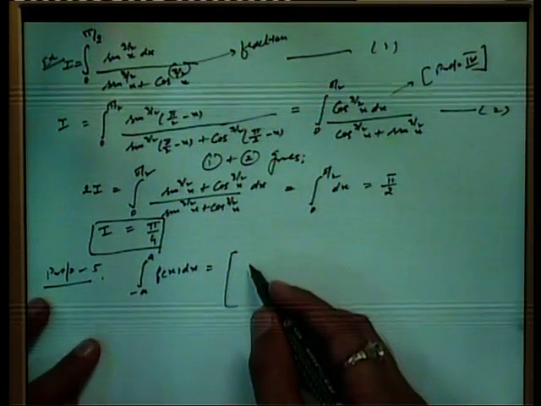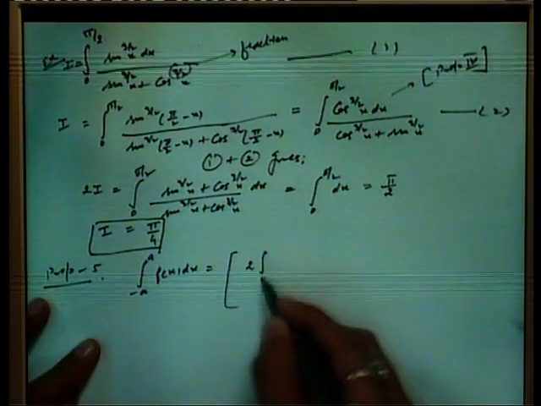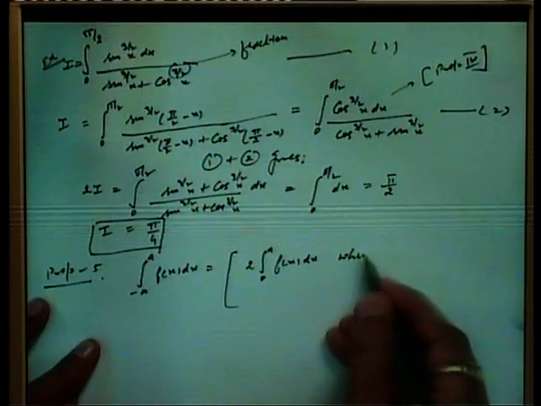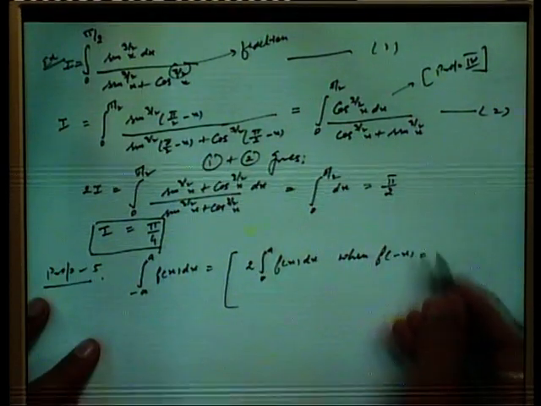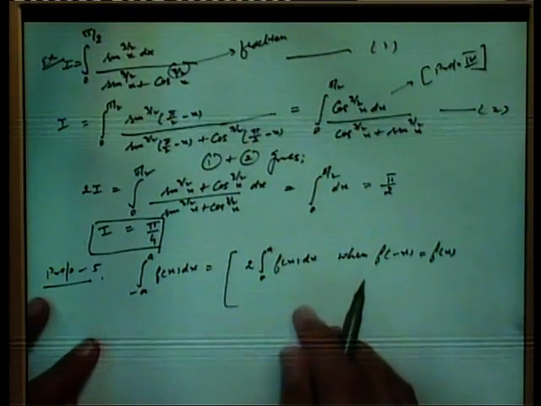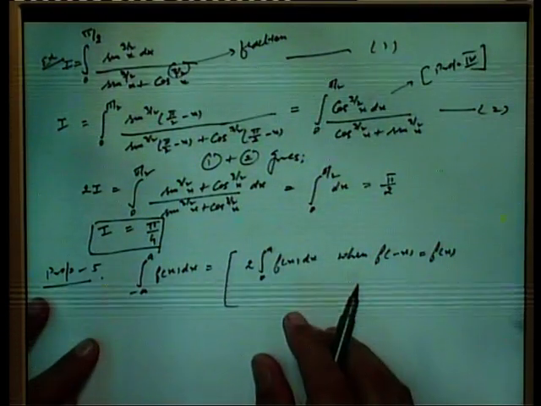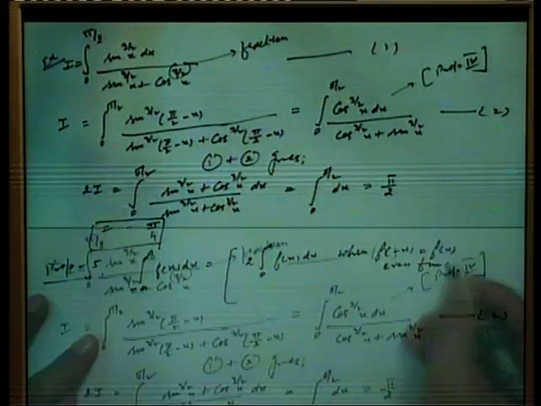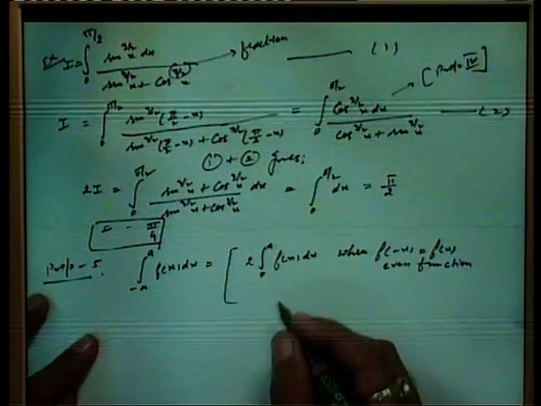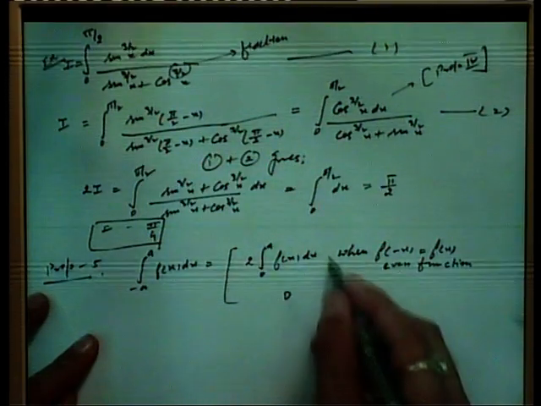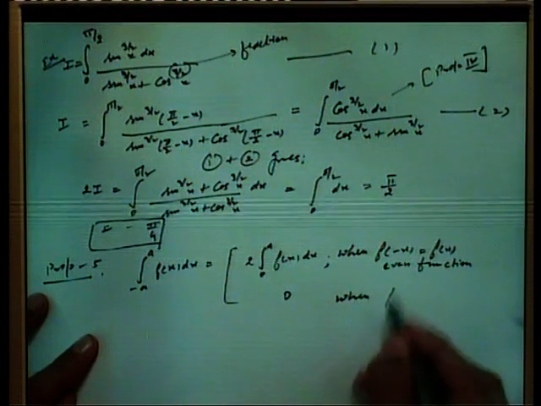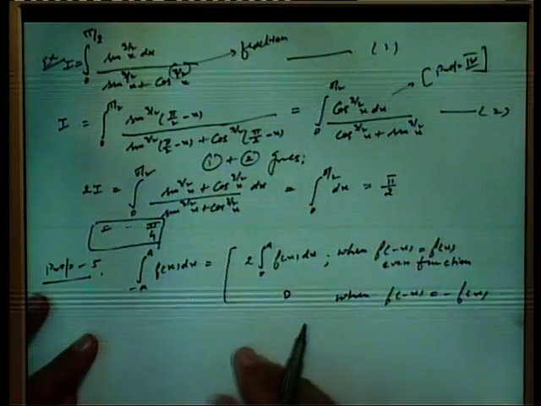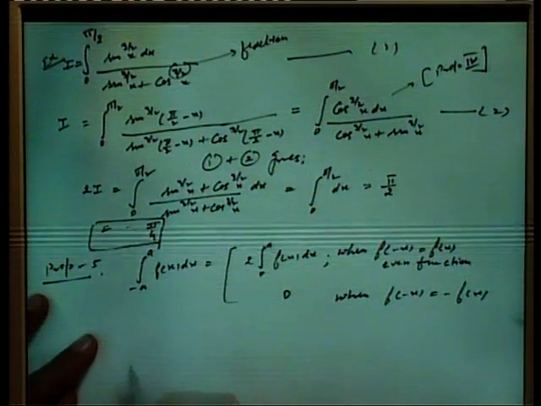The integral from minus a to a of f(x) dx is equal to twice the integral 0 to a of f(x) dx when f(minus x) is equal to f(x). As you see in the chapter on differentiation, this function is called an even function. And its value is 0 when f(minus x) is equal to minus f(x). This is property number 5.